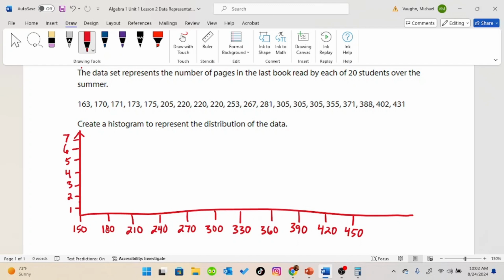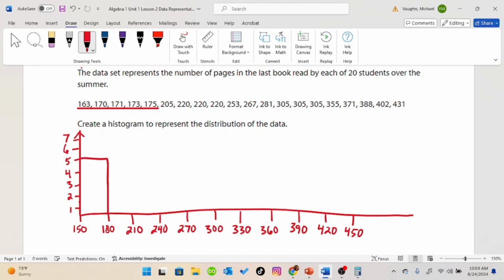So we're looking how many times a number shows up between 150 and 180, but less than 180. So that would be 1, 2, 3, 4, 5. So I'm going to go up to 5.